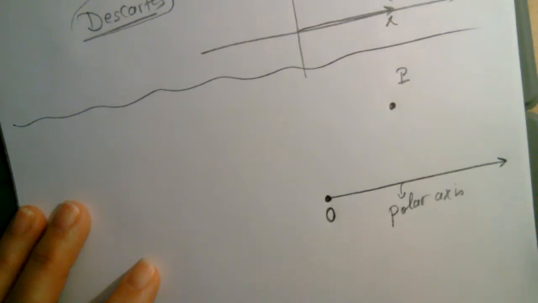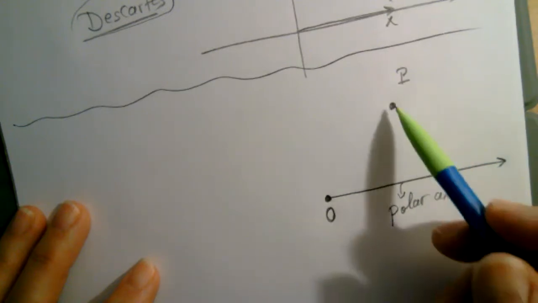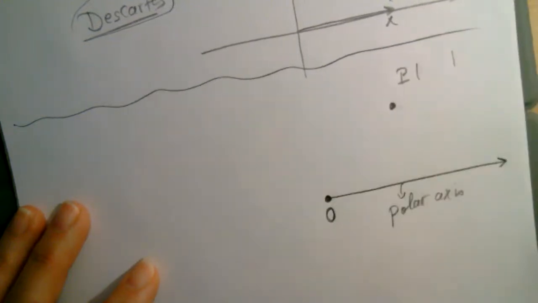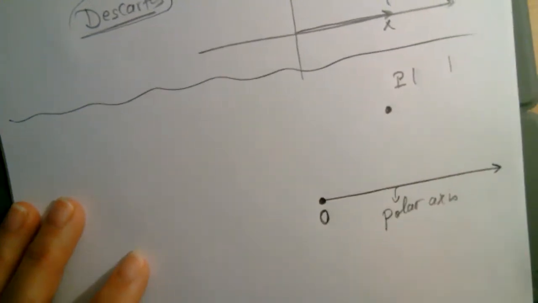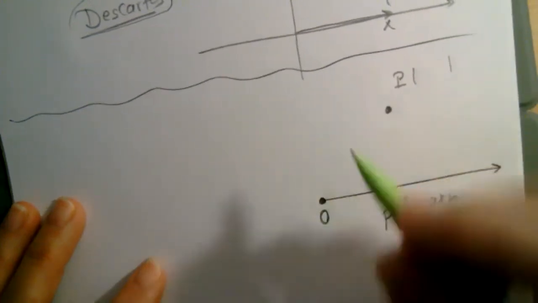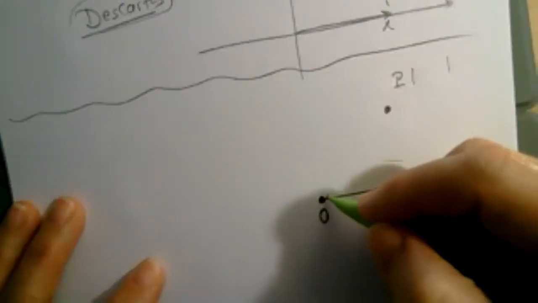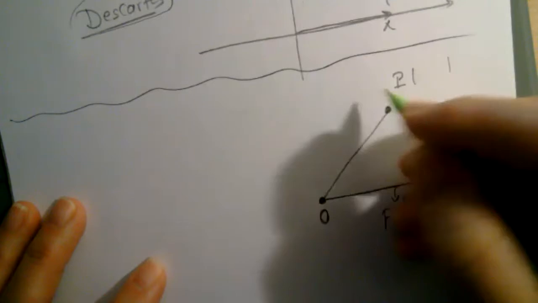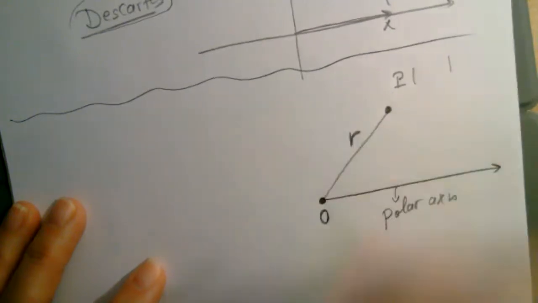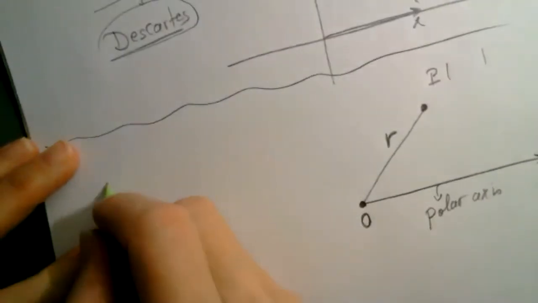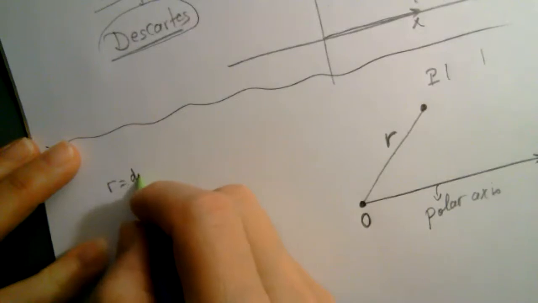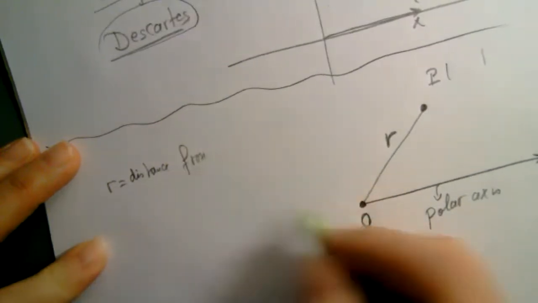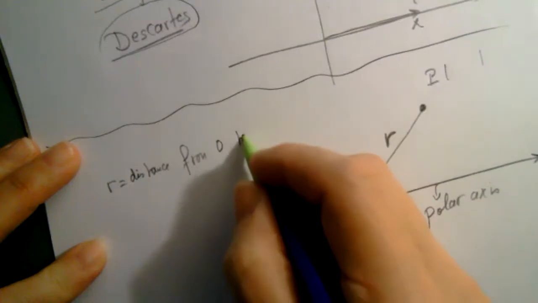My job now is to give you a way to tell you where this point is. I will give you two pieces of information. First, I will tell you how far the point is from the origin. I'm going to call r the distance from the fixed point to the point P.